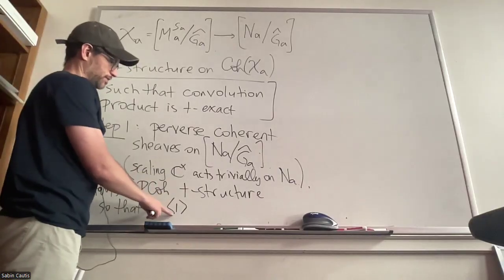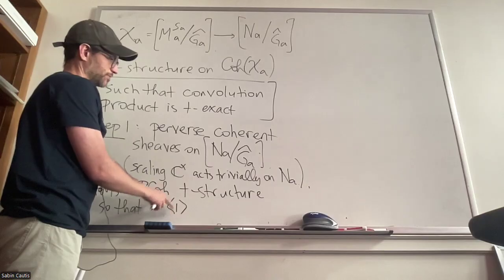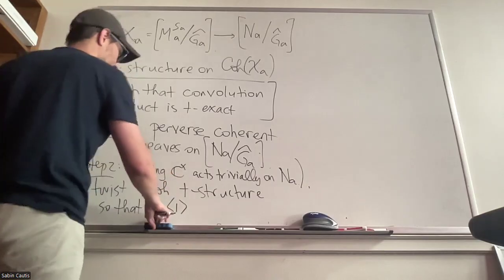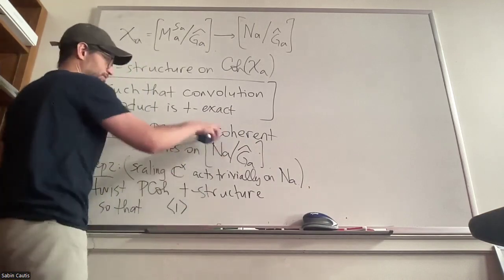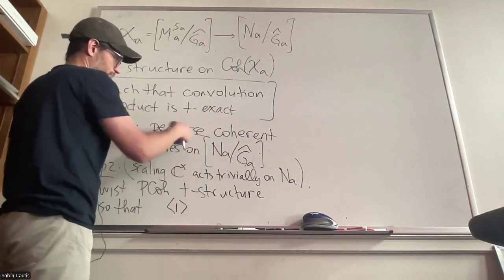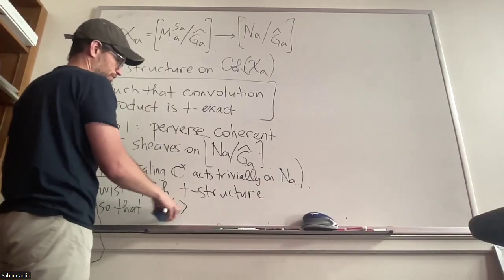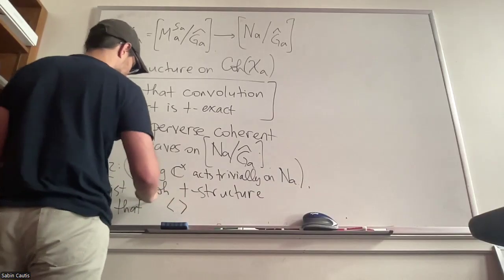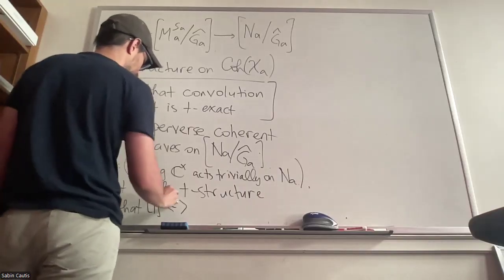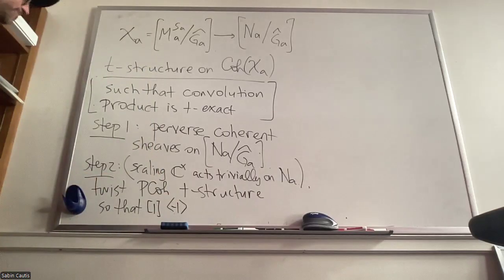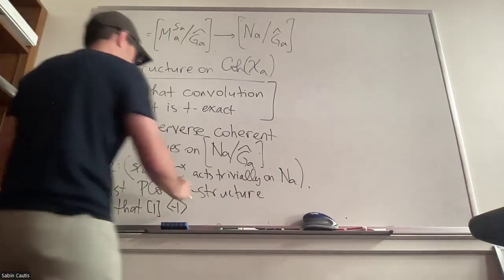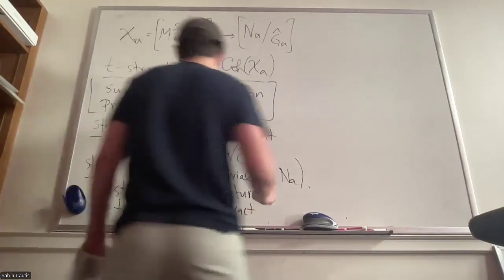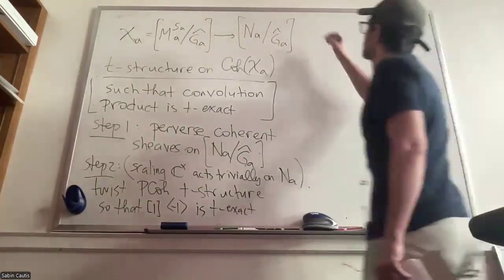This denotes the equivariant shift with respect to the scaling C star. For the usual perverse T structure, shifting by this is T exact. But we don't want that. We want the shifting by this, by 1 minus 1, to become T exact. And this is a very elementary procedure, which I'll describe very briefly.